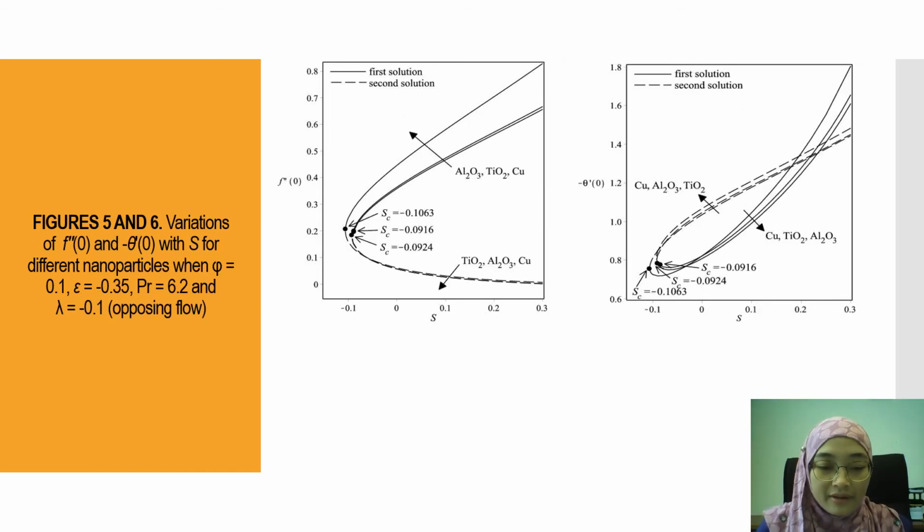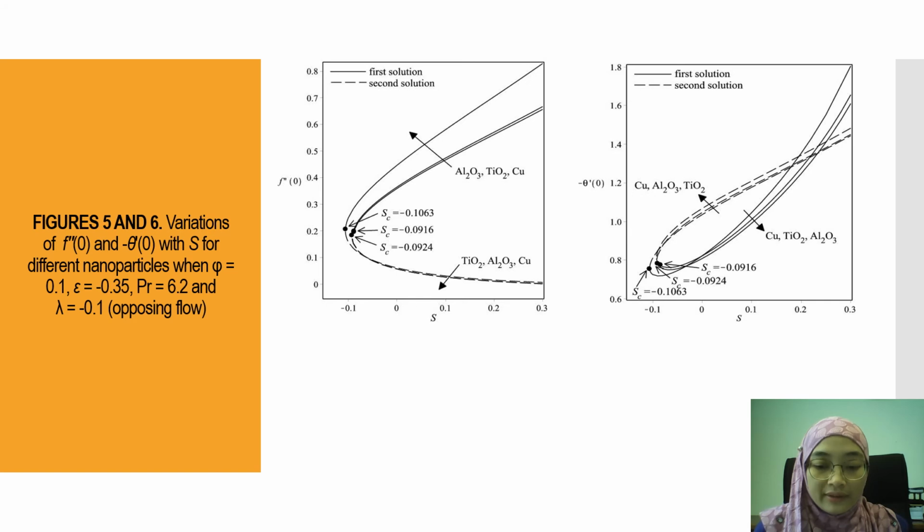The variation of skin friction coefficient and local Nusselt number with suction S for different nanoparticles copper, alumina, and titania are provided in figures 5 and 6 respectively. It is shown that only dual solutions exist for the given suction and injection cases. After the critical suction point Sc, we found that no solution exists.